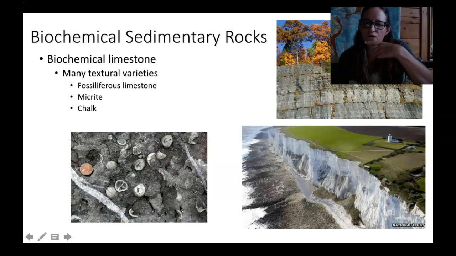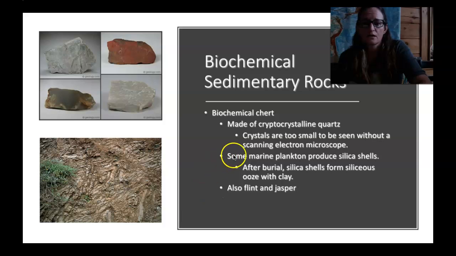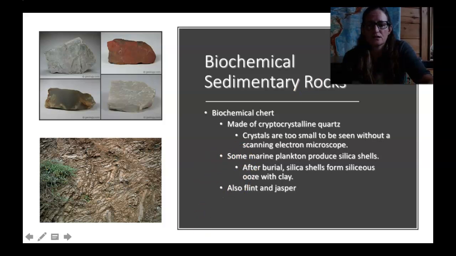Micritic limestone is a limestone mud. So it's a mud that forms on the seafloor out of calcium carbonate. Chert is a different chemistry. It's silica, SiO2, and these cherts here in this image are just different colors. Chert, silica, is quartz.